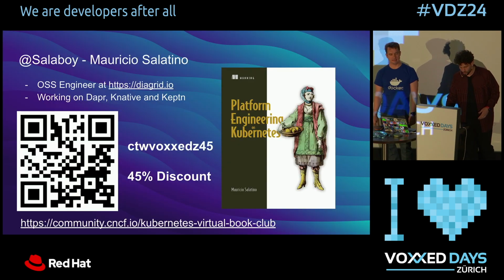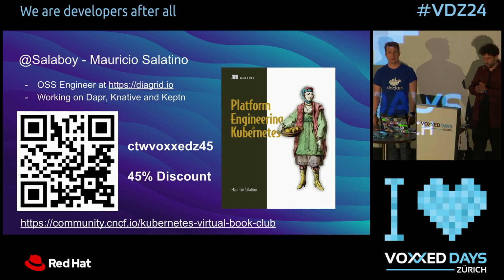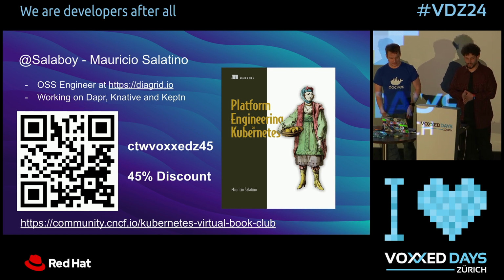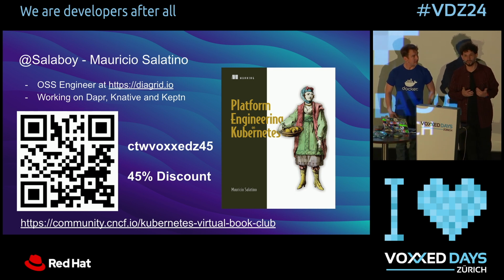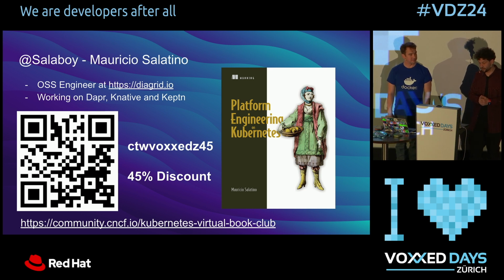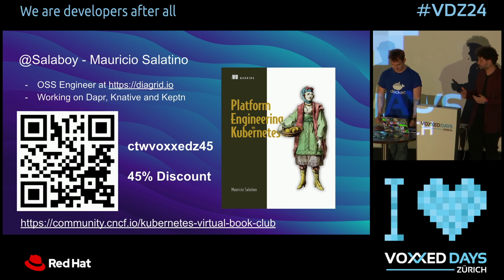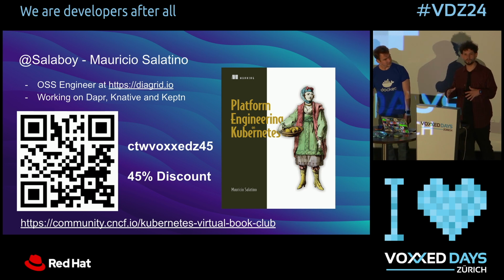So my name is Mauricio Salatino. I'm working for a small startup called Diagrid. I'm working on this open source project called Dapr, and also CNCF projects called Knative and Captain. I recently published a book last year titled Platform Engineering on Kubernetes, and I think that's the main reason why I'm here speaking with Oleg, who is closer to developers.